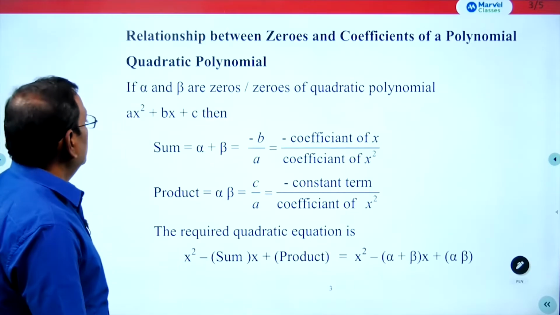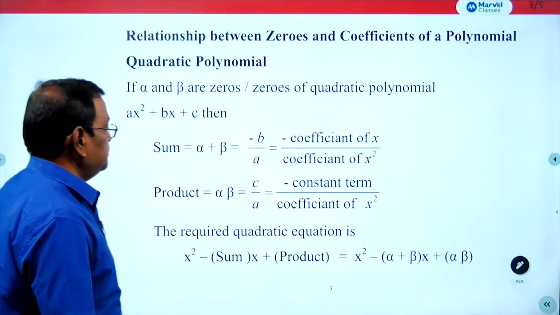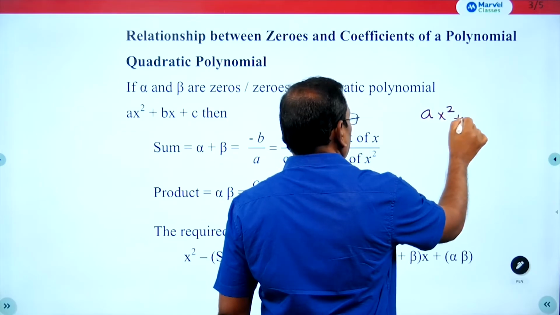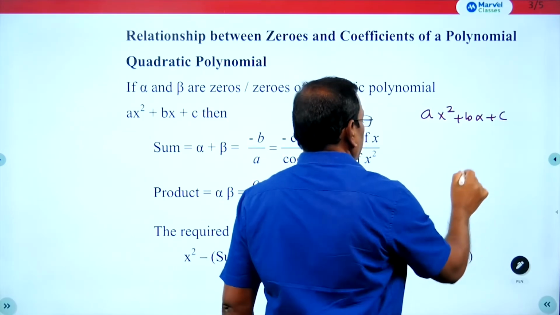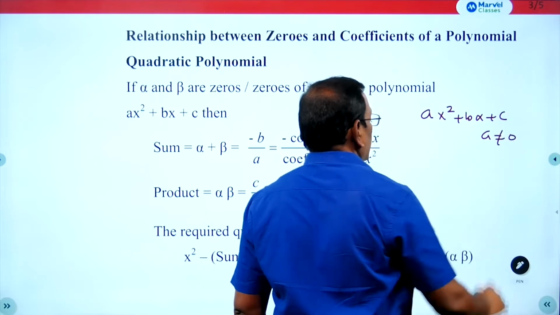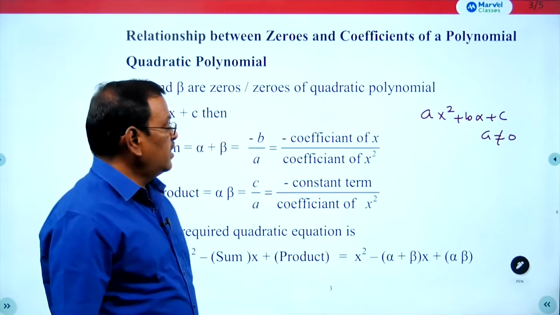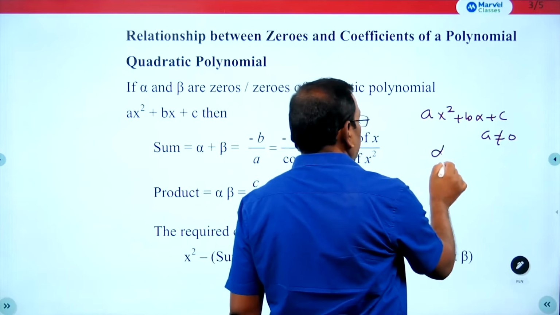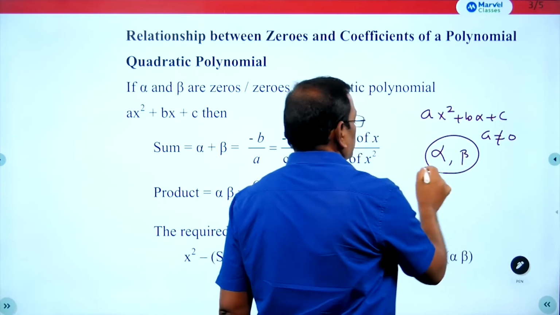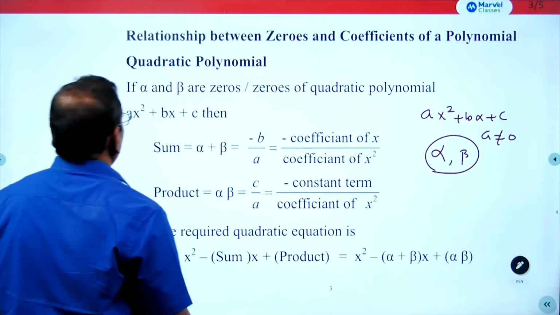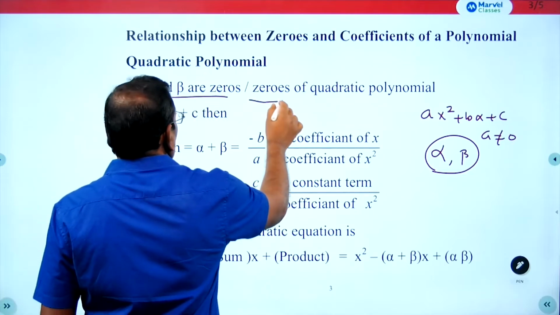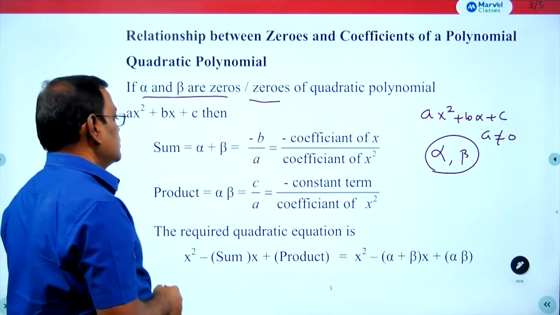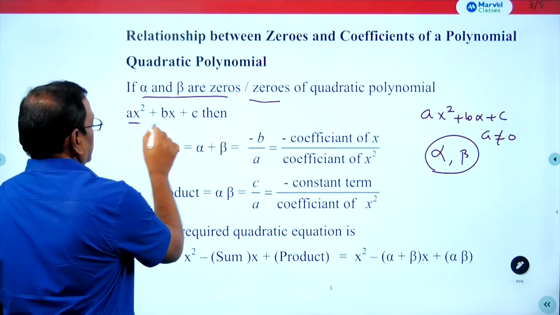And the second concept, quadratic polynomial. What is the general form of a quadratic polynomial? ax square plus bx plus c, where a is not equal to 0. A quadratic polynomial has degree 2 and has 2 zeros. Let the zeros be alpha and beta, that is, alpha and beta are the zeros or roots of the quadratic polynomial ax square plus bx plus c.